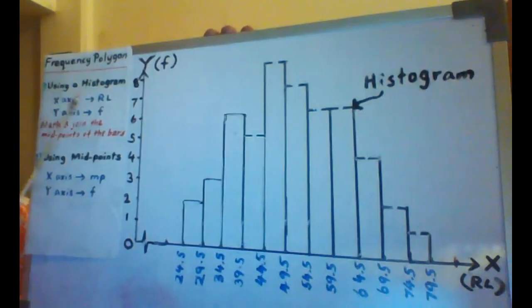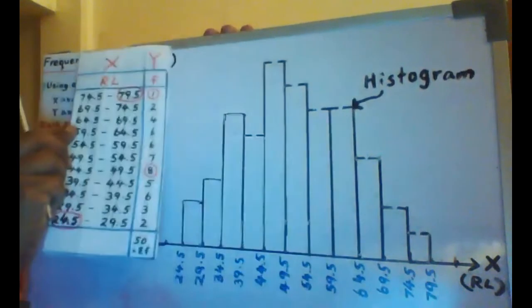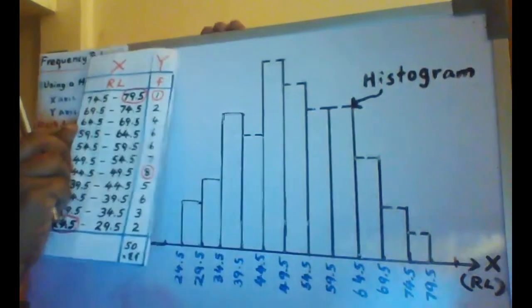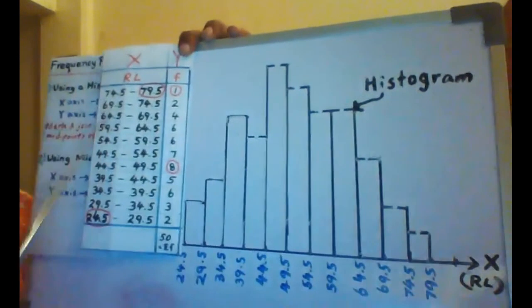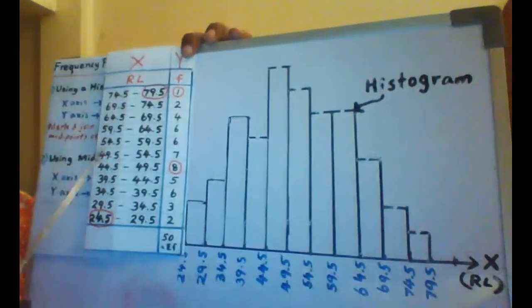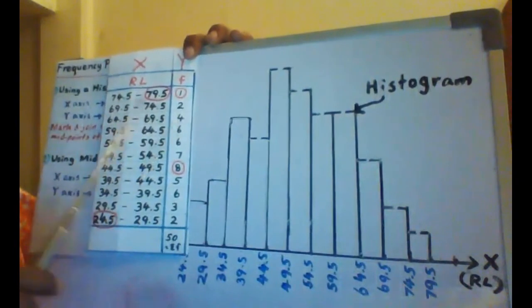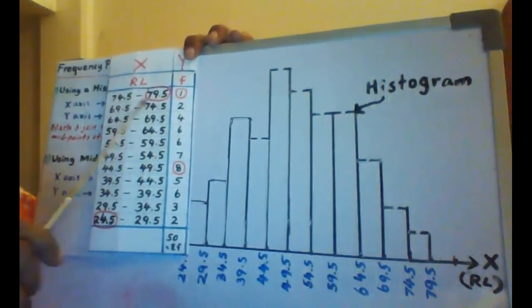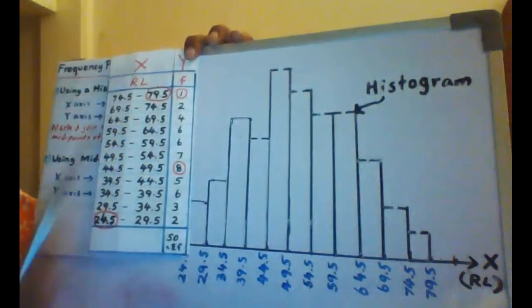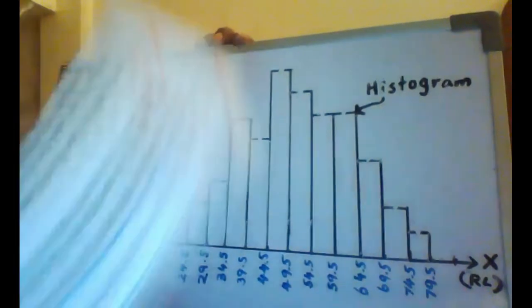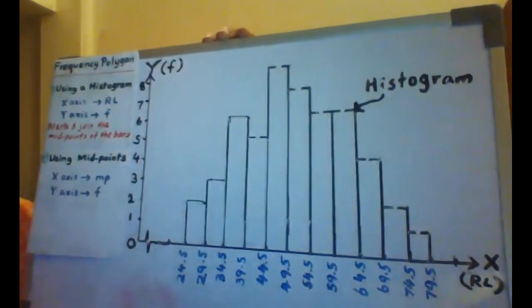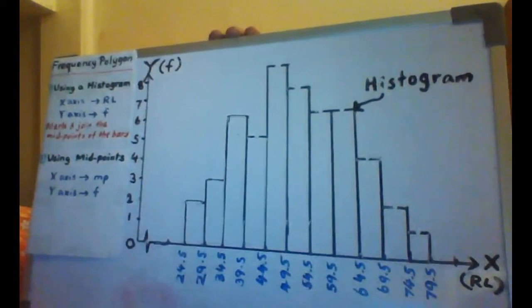When you get a set of data like this, with real limits and frequencies, by taking the real limits and the frequencies, you can draw the histogram like this. That's the first step.